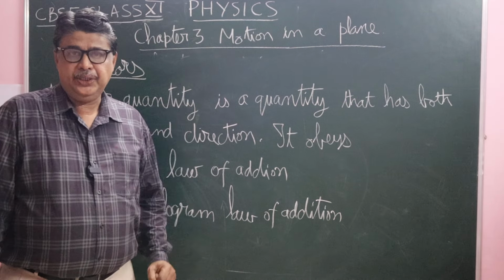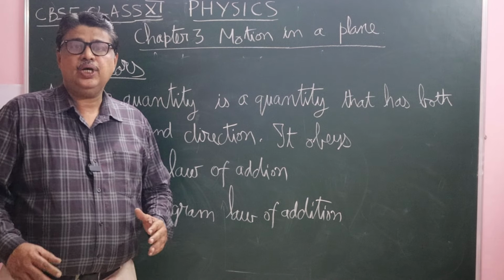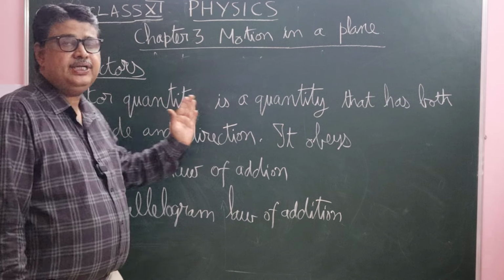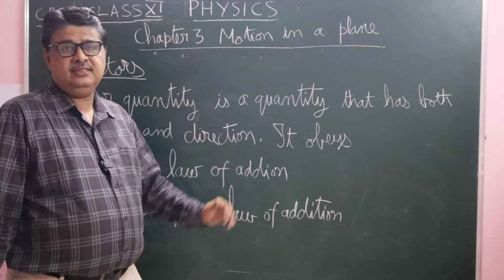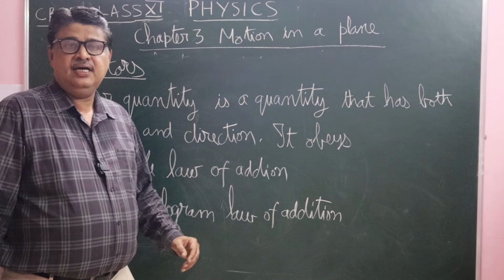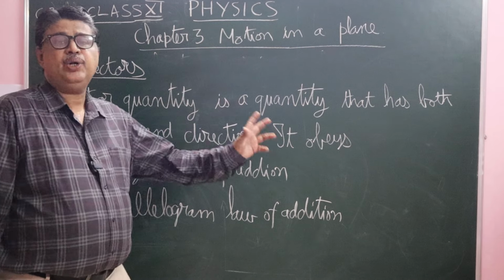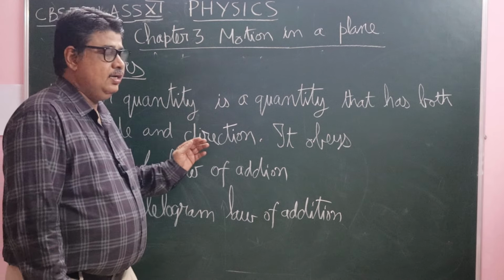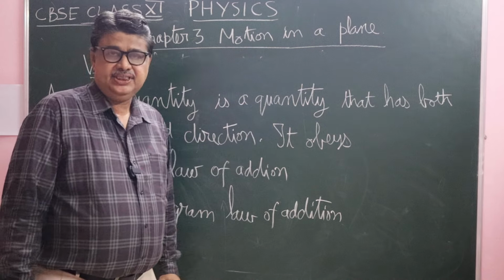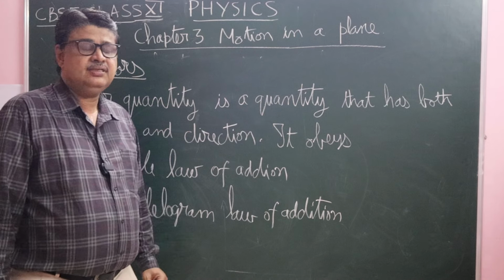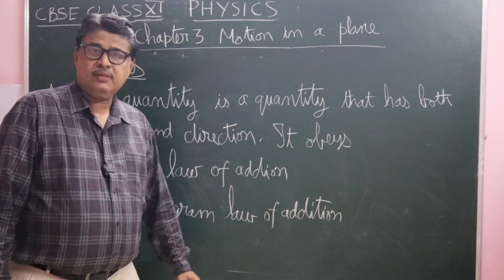Velocity has got magnitude and it has got direction. A body moves in a particular direction from left to right. Force is a vector quantity. A force is acting on a body in a particular direction.